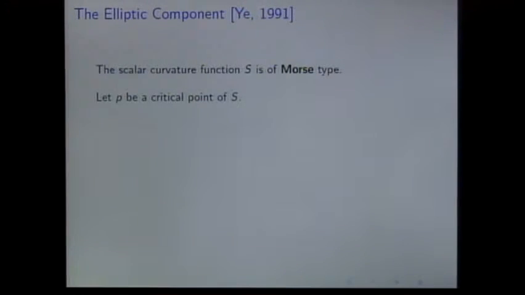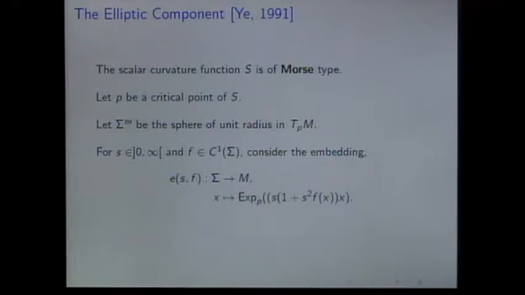Let p be a critical point of S. And let sigma^m be the sphere of unit radius in T_pM. And for all s in (0, infinity), we consider this embedding. So here, s plays the role of a scaling factor. As you see, as s tends to 0, the radius of this thing will tend to 0, but also the size of the perturbation tends to 0. So let's draw a picture to have a clearer idea of what's going on.